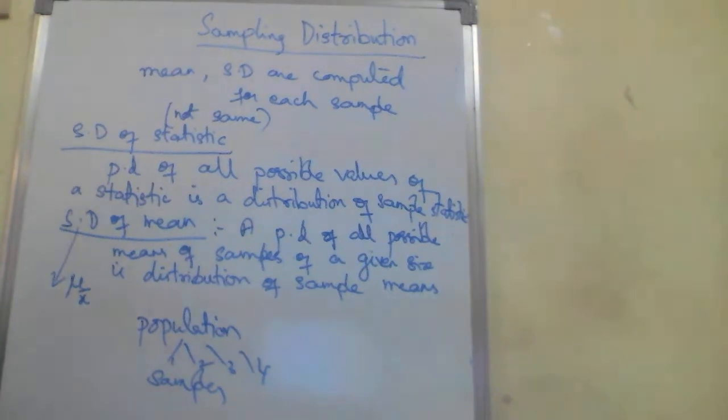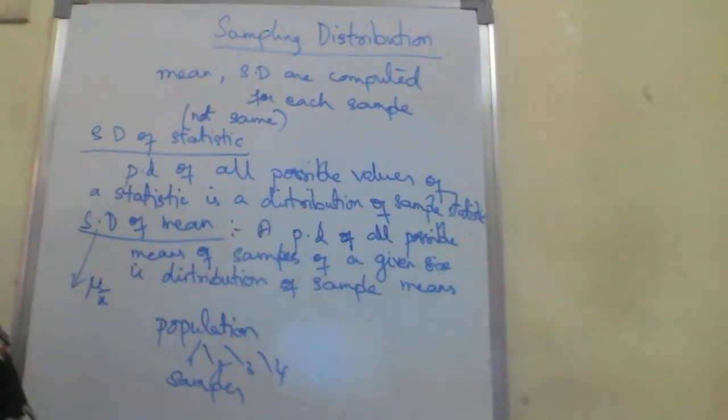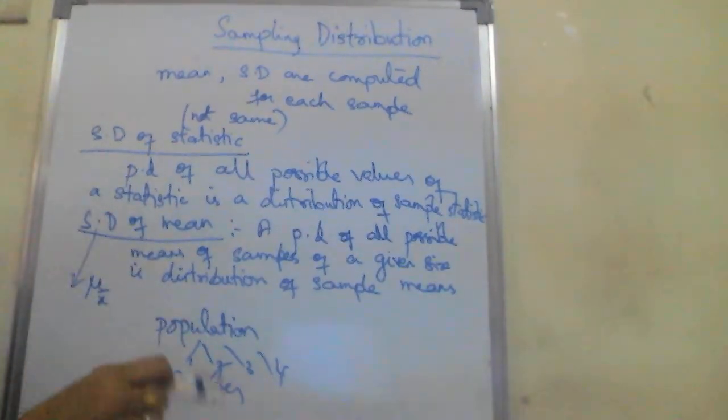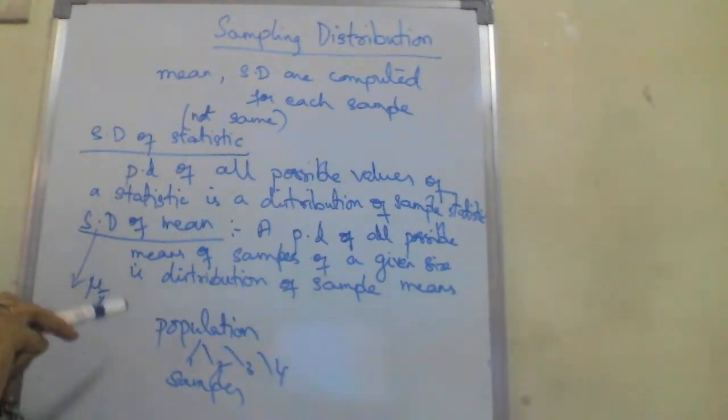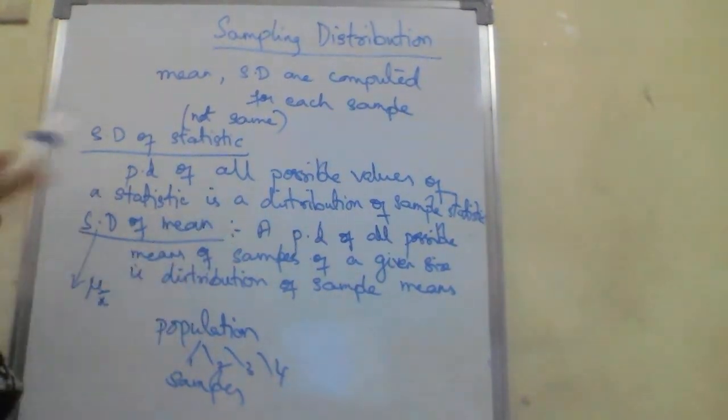You will not test the blood in the entire body. You only test a particular sample, and whatever result you get for that sample, you generalize it for the entire blood in the body. In such cases you use sampling. Whenever it is not possible to test the entire population, you test the sample, and whatever result you get for the sample, we generalize it for the whole population.